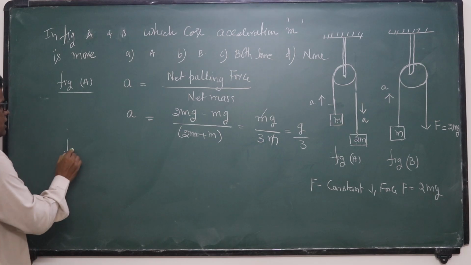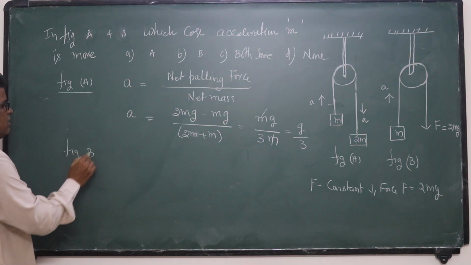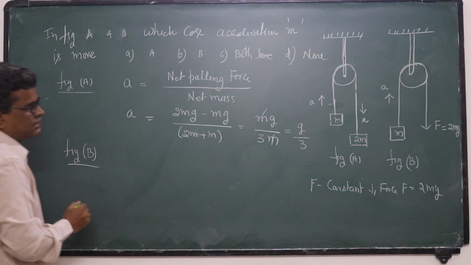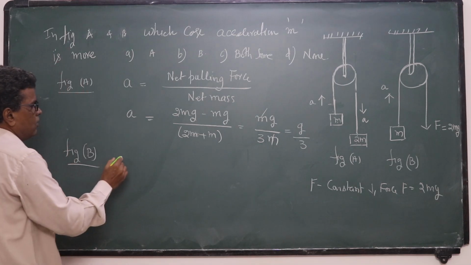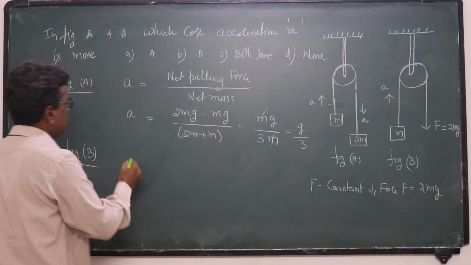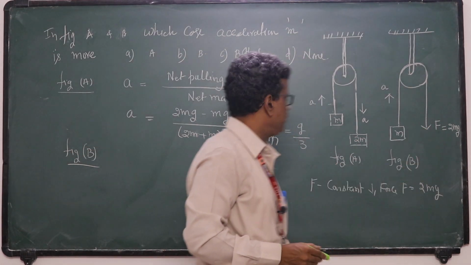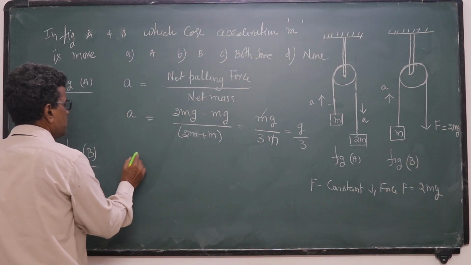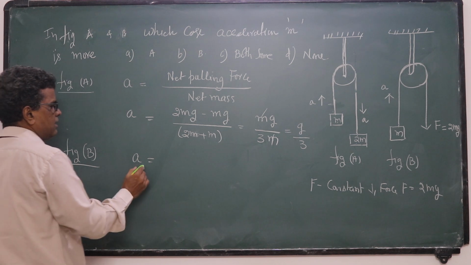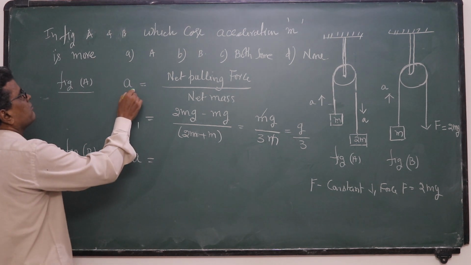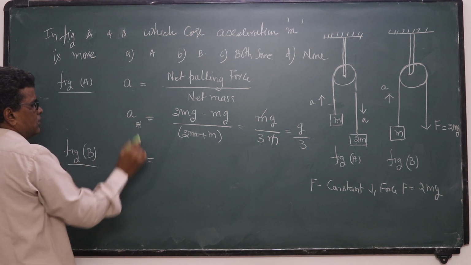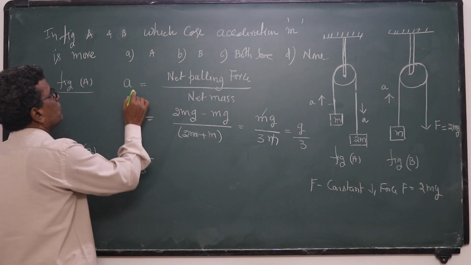And in figure B, I want the acceleration. So what is the acceleration in figure B? So here net force is only F. So acceleration is equal to, in case B, this is, let it be a1, case A. This is case B. Okay.